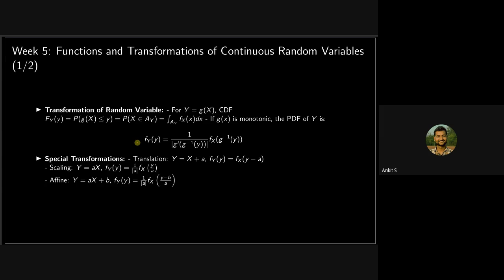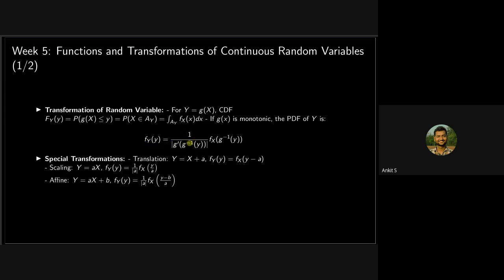The first method was when the function that you are considering, y equals g of x, is a very nice function in the sense that it is monotonic and differentiable at every point in the support of x. In that case, you have a simple formula. You just apply the formula and you will get the PDF of y.